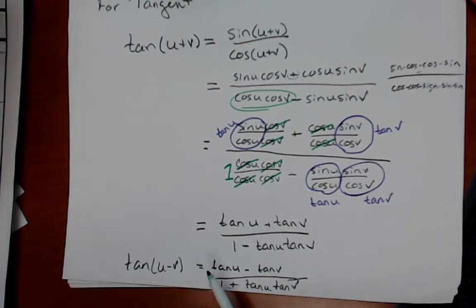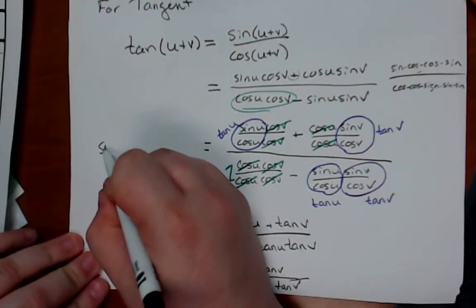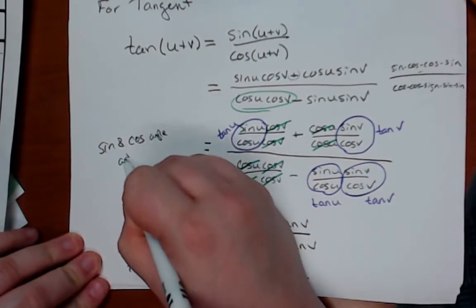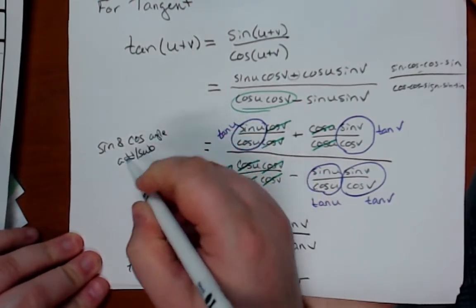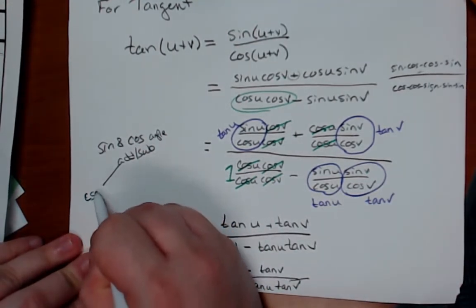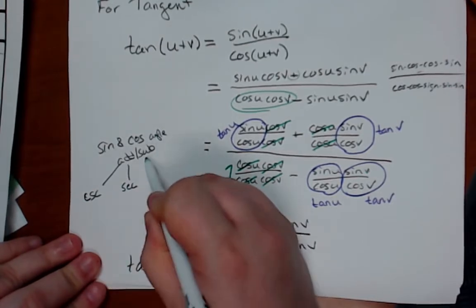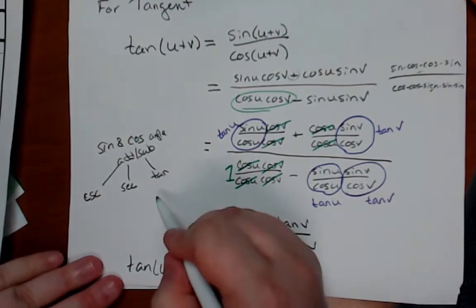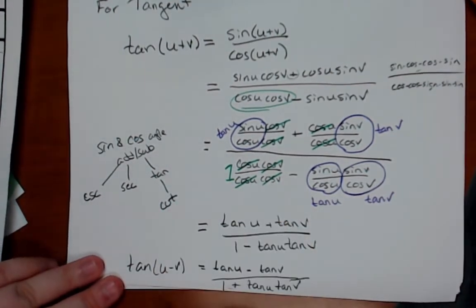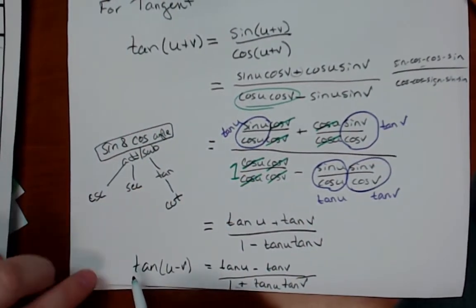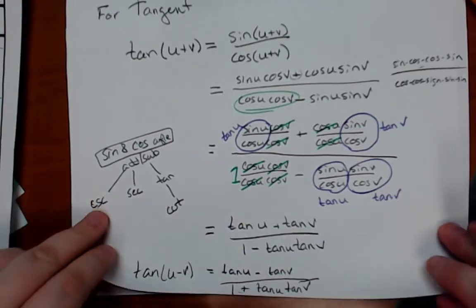So really, by knowing our sine and cosine angle addition and subtraction, that gives us our cosecant, our secant, our tangent, and then what does that also mean we know? Our cotangent with our reciprocal identities. So these two angle addition formulas give us angle addition for all 6 of our trig functions.